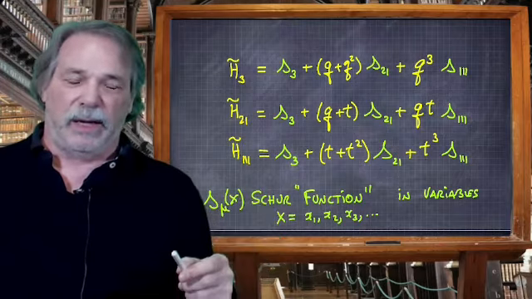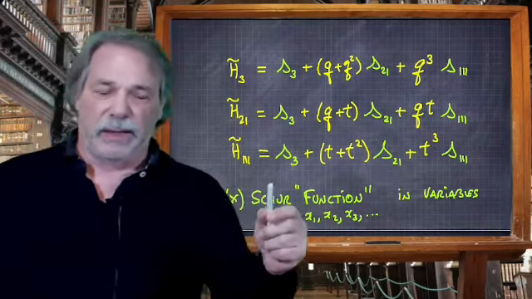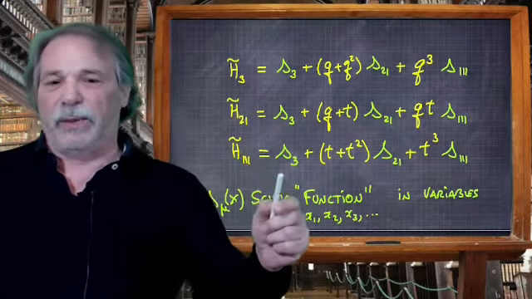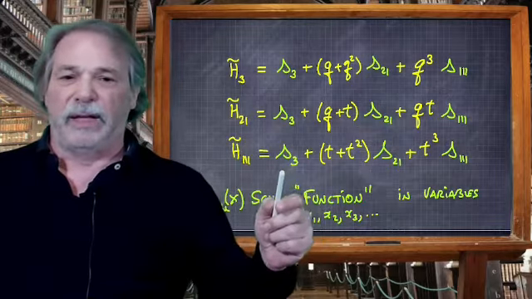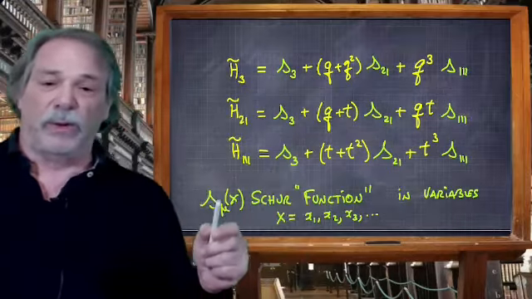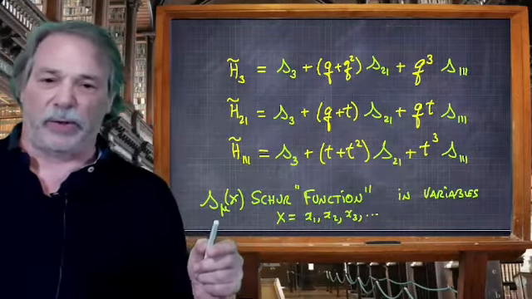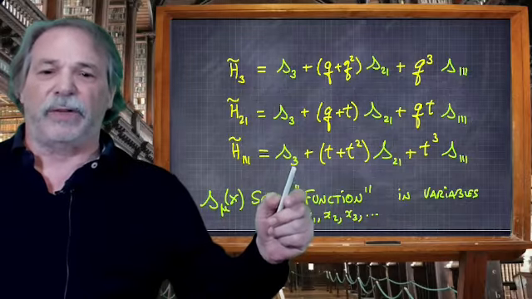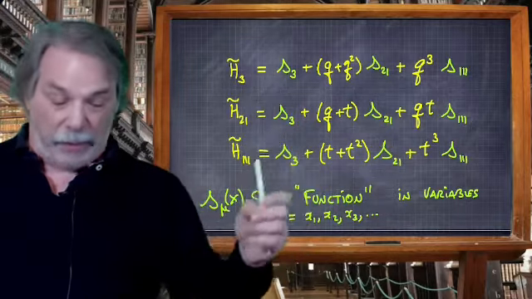There are actual descriptions, but what's really important is not what they are in detail, but the fact that they also form a basis of symmetric functions if I consider partitions of a given size.